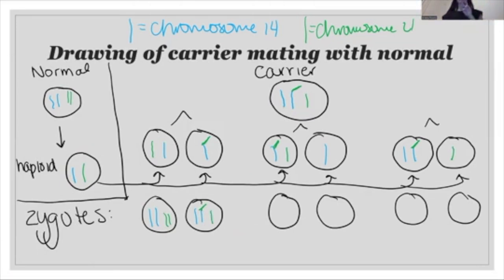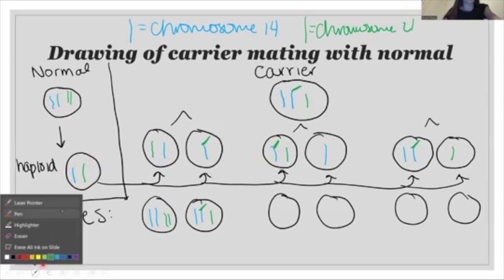So the blue and the green came from the haploid normal parent, and that Robertsonian translocation came from the carrier. So then in my next one, I would have blue and green from the haploid, and then Robertsonian translocation from the carrier. Let me go to my laser pointer. So blue and green from the haploid with Robertsonian translocation and chromosome 21.